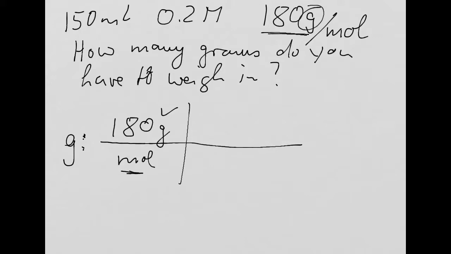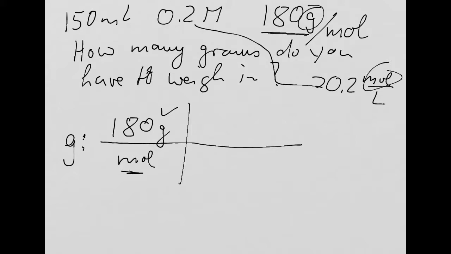Do we have anything that has the unit mole in it? 0.2. We have the 0.2, and that stands for 0.2 mole per liter. Yeah? So this has the unit mole in it.